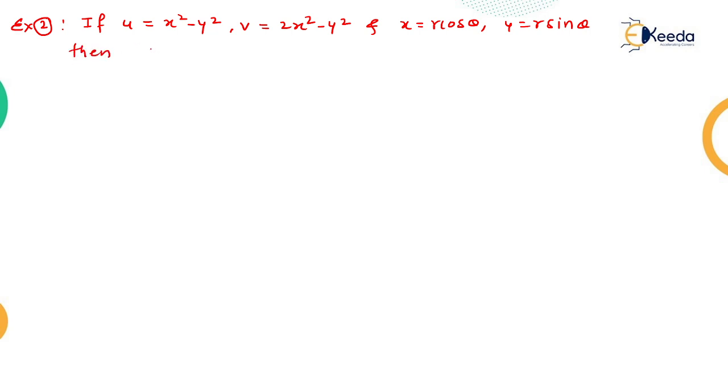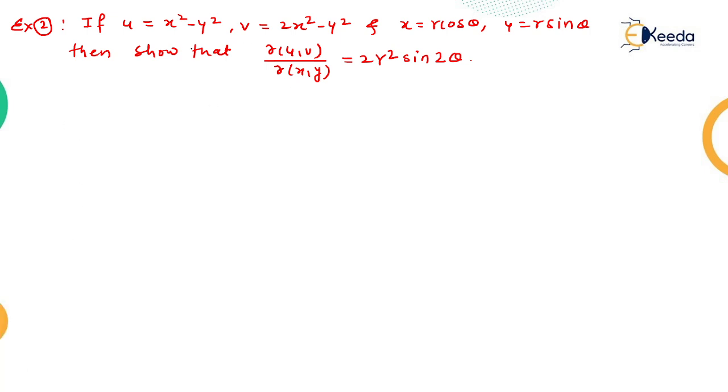If u is equal to x square minus y square, v is equal to 2x square minus y square, and x is equal to r cos theta, y is equal to r sin theta, then just show that ∂(u,v)/∂(x,y) is equal to 2r square sin 2 theta, right? So let's see how it is solved.